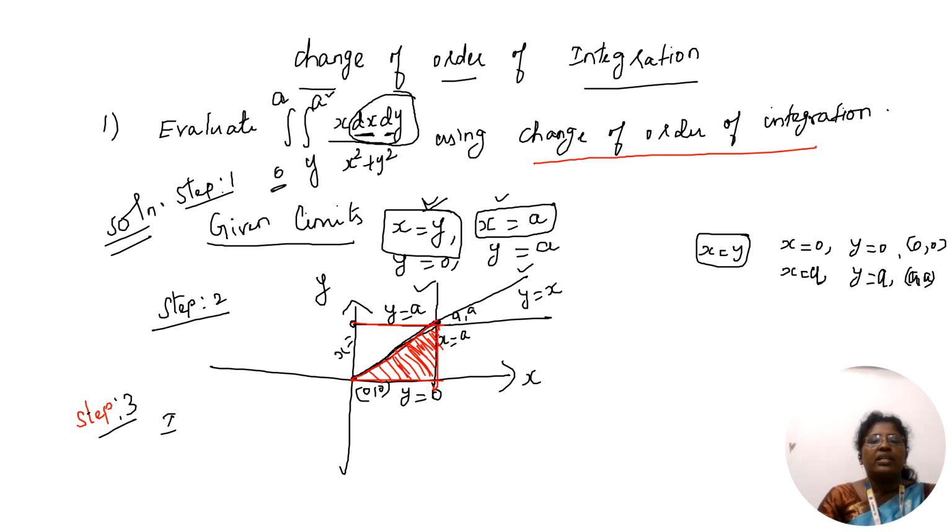This is the order of the given integration. So now we'll change this order. Now the order becomes dy dx, double integral x by x square plus y square into dy dx.